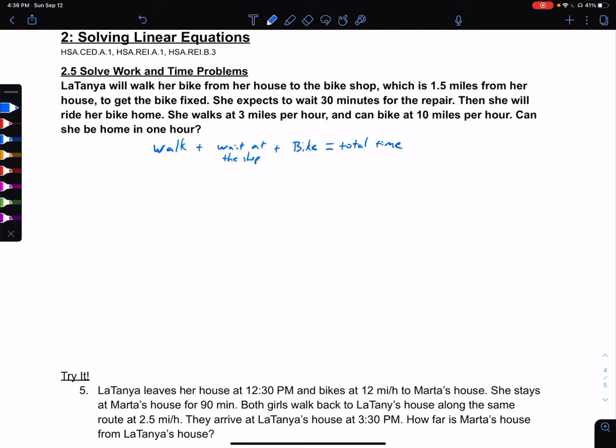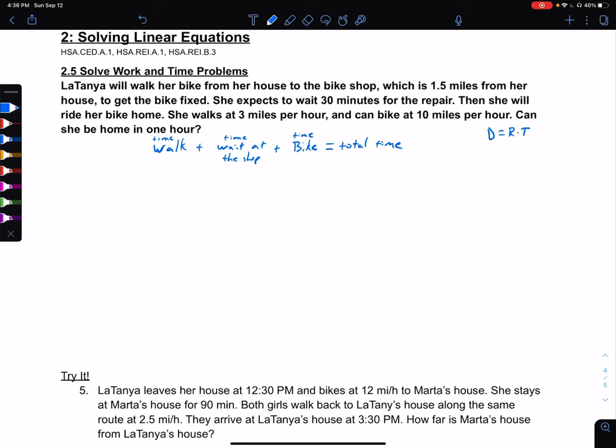So what we need to do is replace each of these parts, this walk part, wait part, bike part, and total time part, with variables, okay? And we need to plug in some numbers here. Now, later on in the year, we get to literal equations, but you're probably pretty familiar with the equation where distance is equal to rate times time. Hopefully you've seen that at some point. And here, this is the time spent walking, this is the time she's waiting at the bike shop, and this is the time that she's biking.